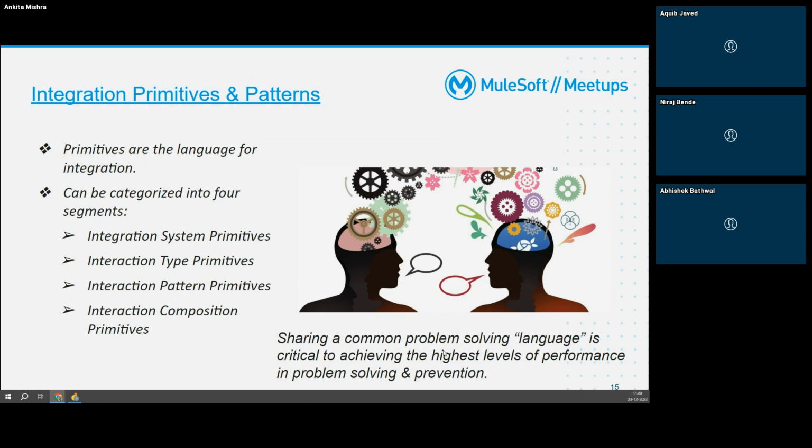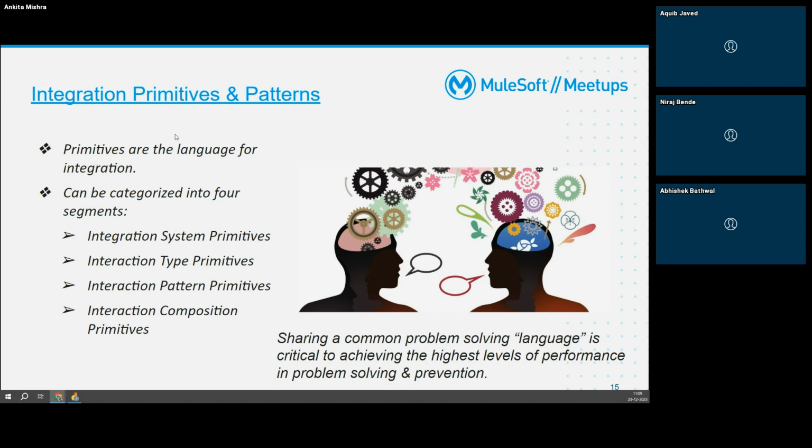So in order to prevent ourselves from this, we have created certain languages, and these primitives can be categorized into integration system primitives, the primitives related to systems, primitives related to interaction type, like how these systems are interacting and communicating with each other, interaction patterns primitives, what kind of patterns are there for integration and interaction, and then interaction composition primitives.